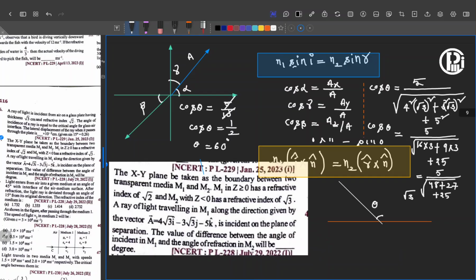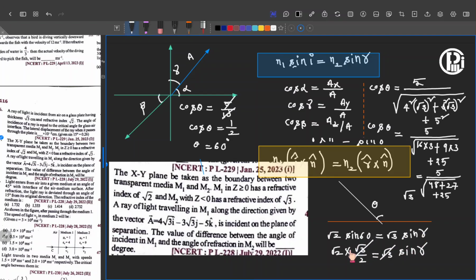So root 2 into sine 60, which is root 3 by 2, is equal to root 3 into sine r.